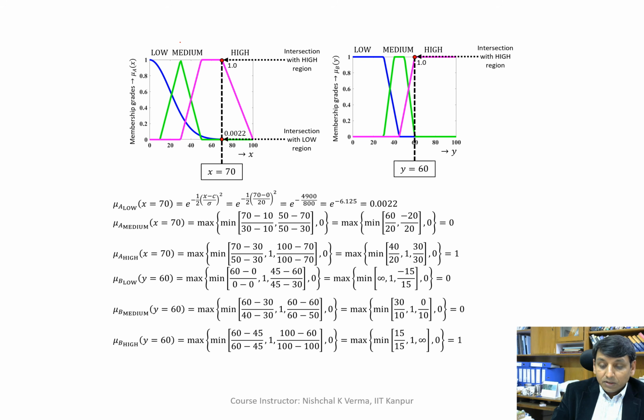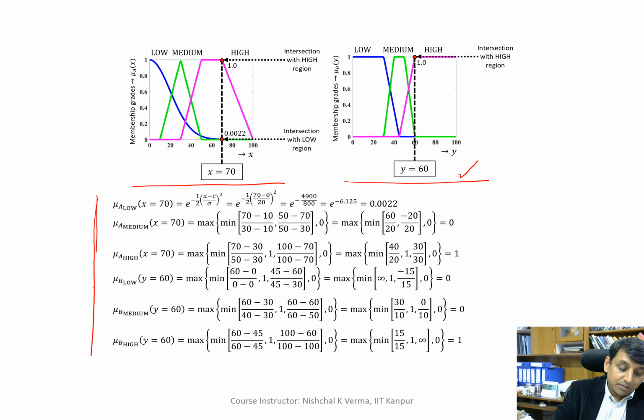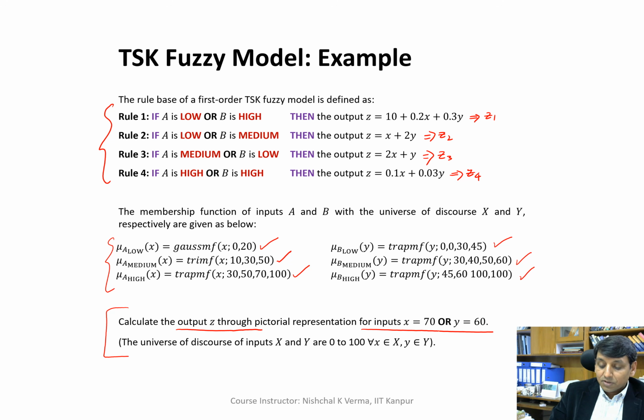Now both the inputs are plotted, the first input generic variable x and the second input generic variable y, and we have the membership functions here. Now our task is to find the intersection points. Our given input is x is equal to 70 or y is equal to 60.